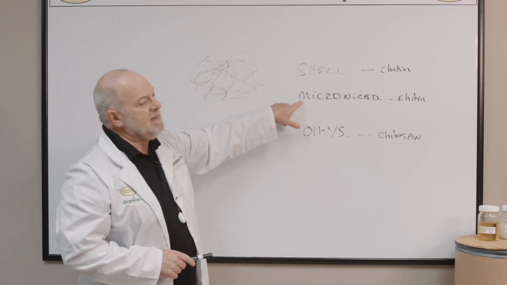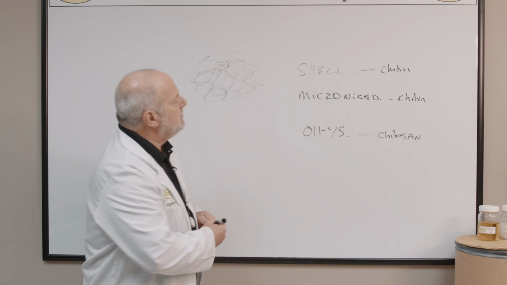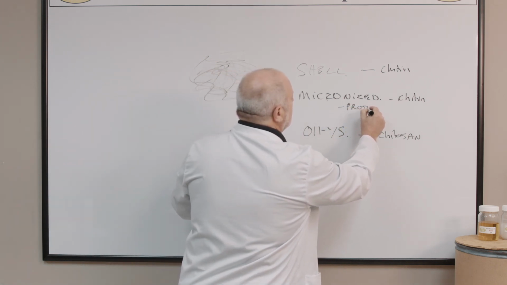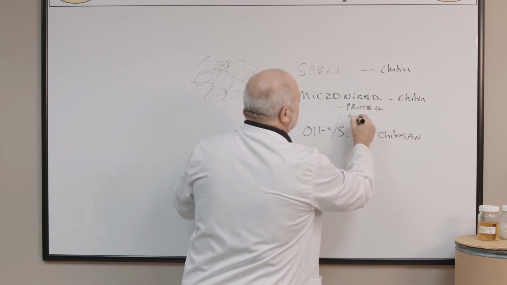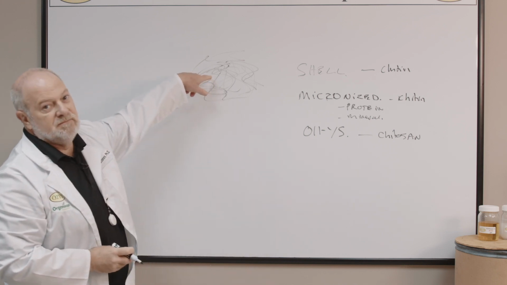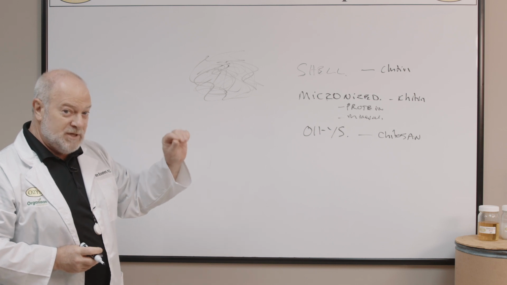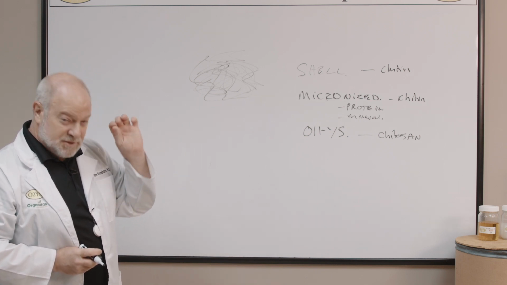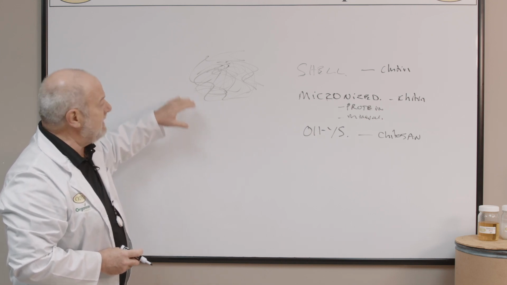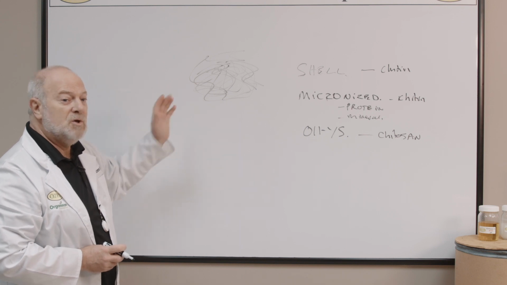And it's really the same thing with micronized chitin. All we've done with micronized chitin is we've removed the protein to an extent and mineral. But you still have this fibrous mass that you're putting in there. And even though visibly you can't really see the size of the particle, to a microbe you're looking at probably half a city block compared to a microbe in a human, for example.